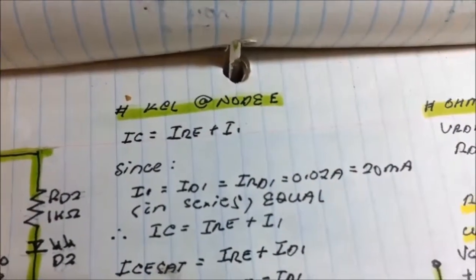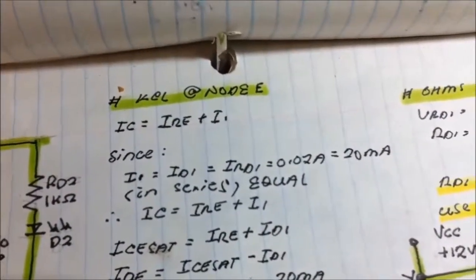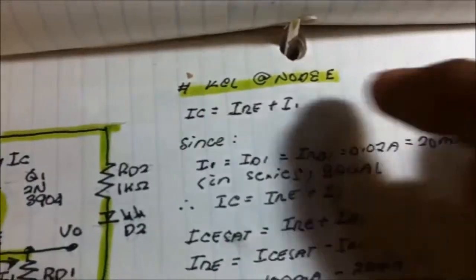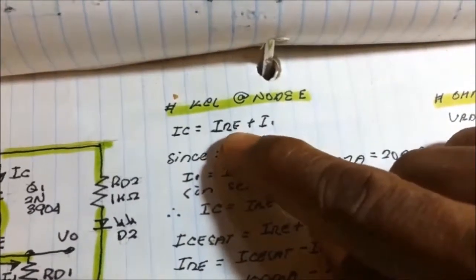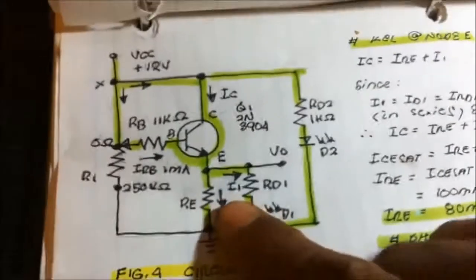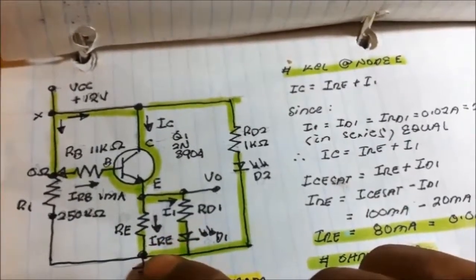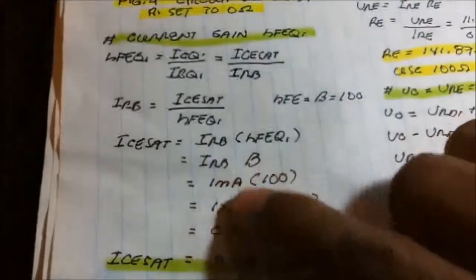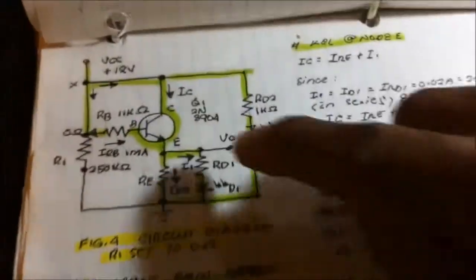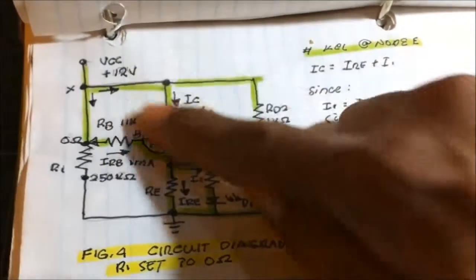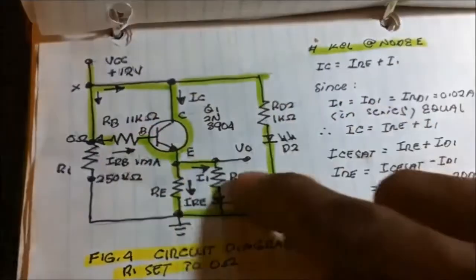That is the KCL at node E. We have a KCL at node E here. IC is equal to the current at RE plus the current I1. So in here, IC, which is the total current, is 100 milliamps, because this part is just a voltage input or the current input of the device.